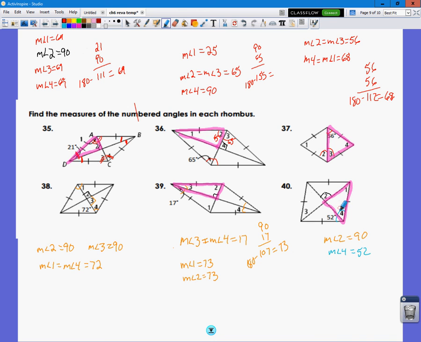Since angle 4 is 52 degrees, I've used 52 and 90. I've used 142 degrees of my 180. So there is a total of 38 degrees left. So angle 3 and angle 1 are both equal to 38 degrees.